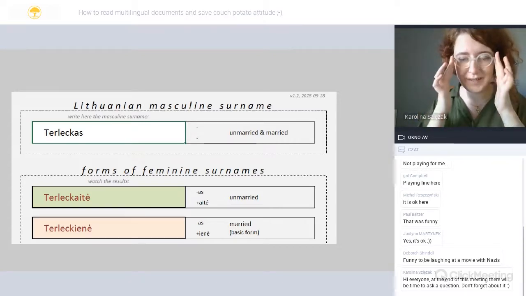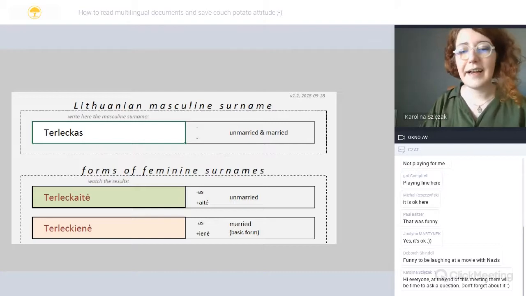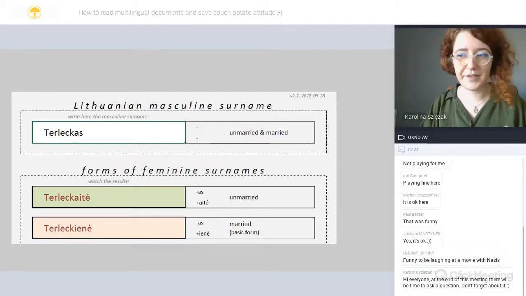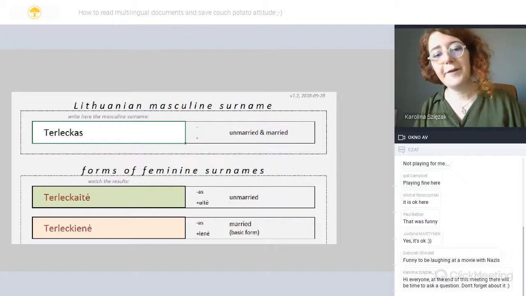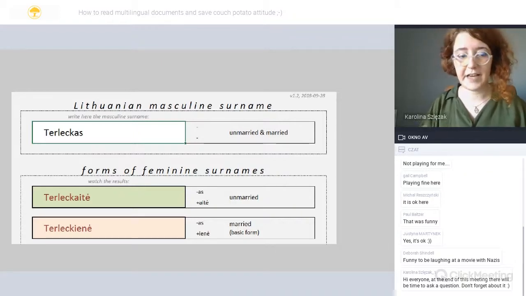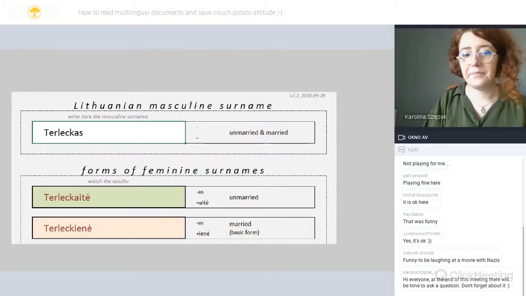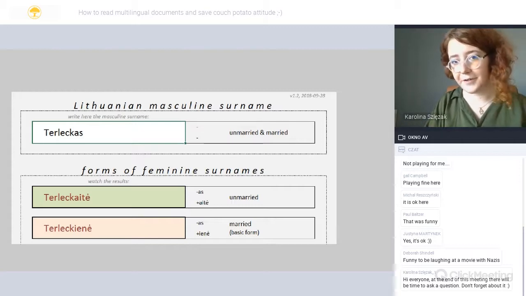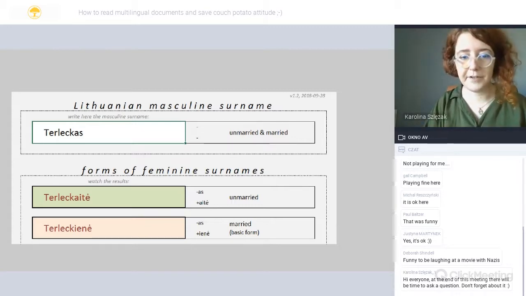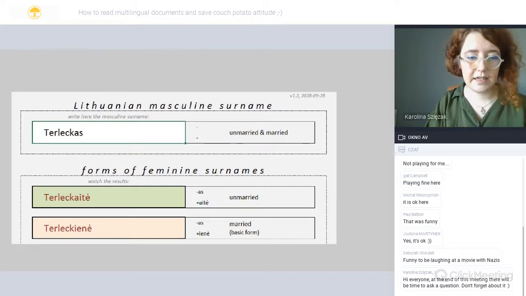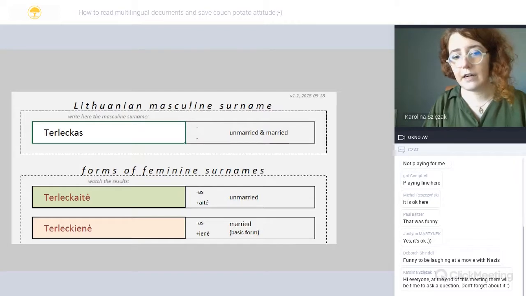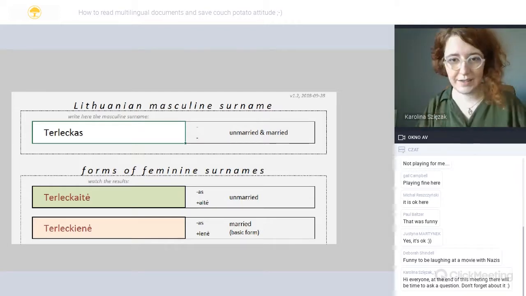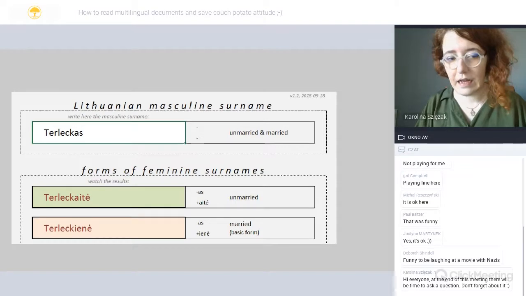It works in an Excel file, and when we type the Lithuanian male surname form, it shows us feminine surnames, with the ending "aitė" for single, unmarried ladies, and with the ending "ienė" for married ladies.